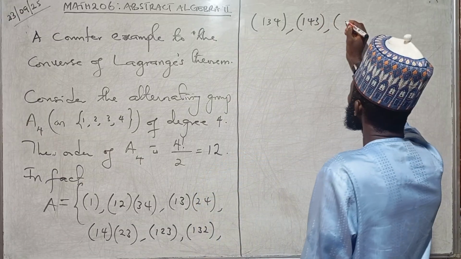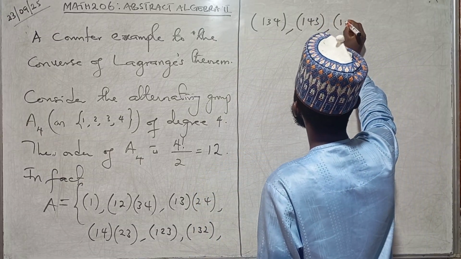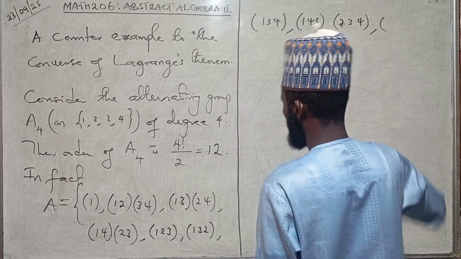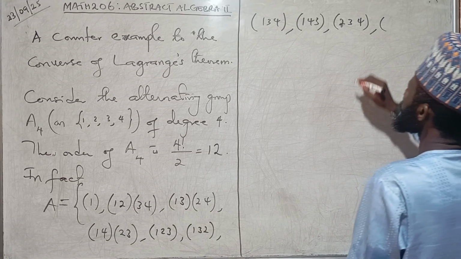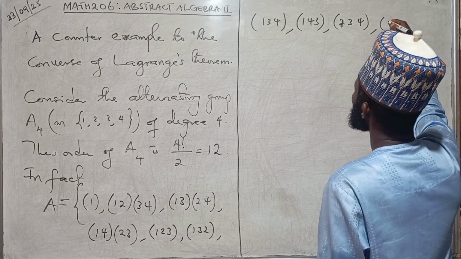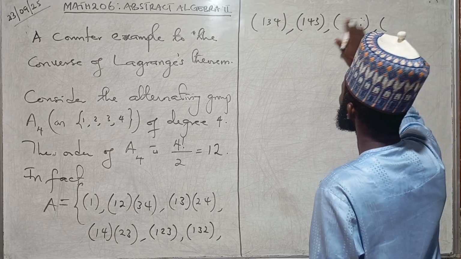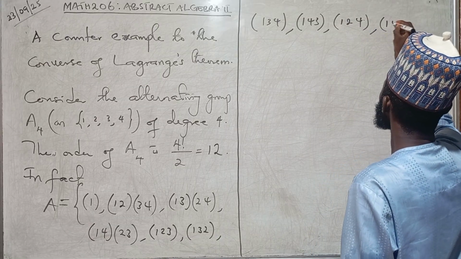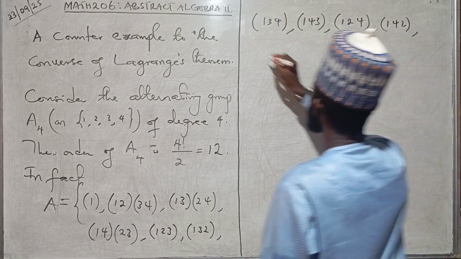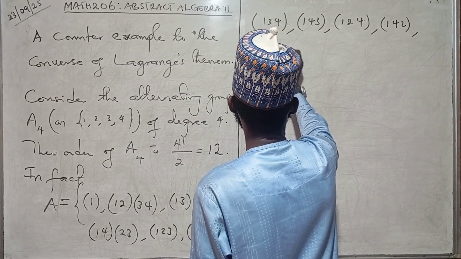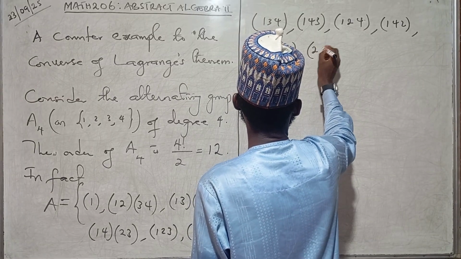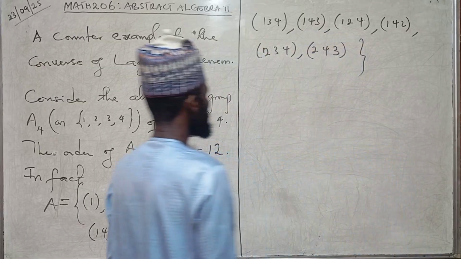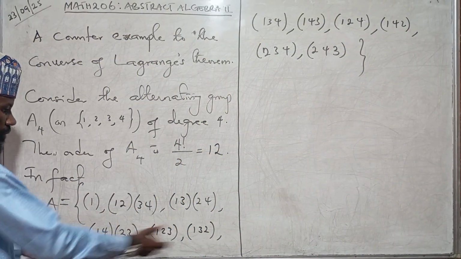The next one would be (1 2 4) with inverse (1 4 2). And then we have (2 3 4) and (2 4 3). So if you look at the number, we have 12 of them.